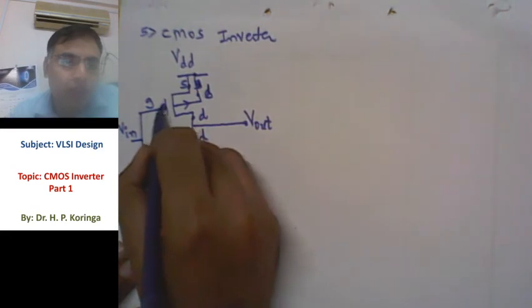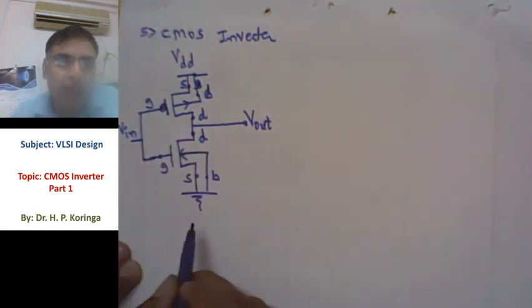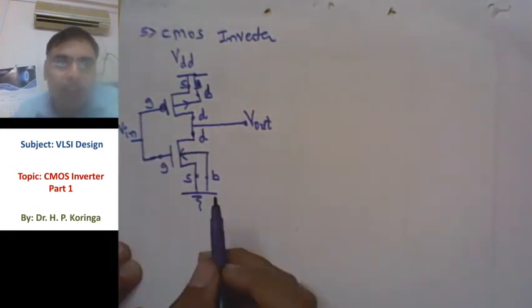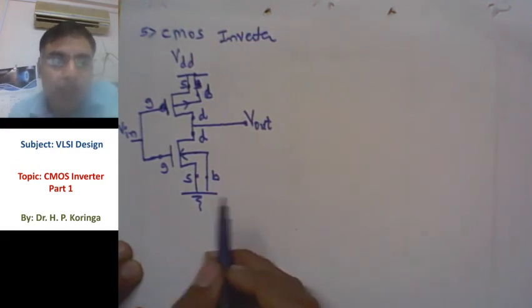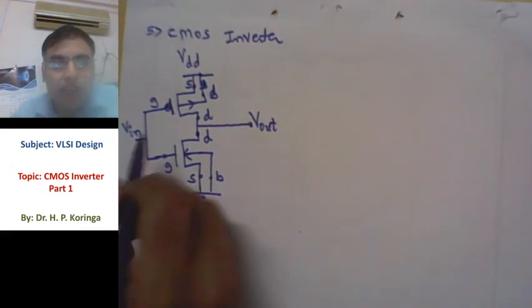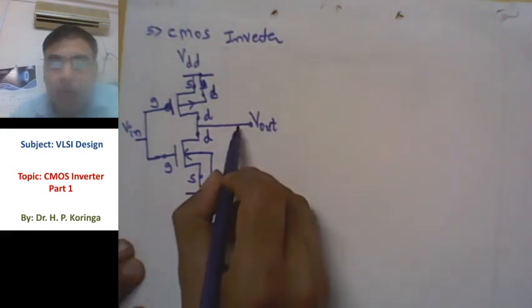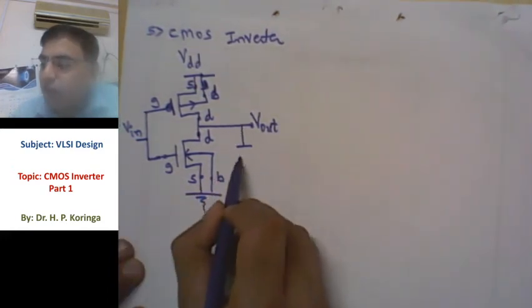So let me use the 4-terminal device symbol. It will give you more detail about the circuit, where to connect which terminal, right? This circuit is called a CMOS inverter, and this load capacitor is between the output node and ground.